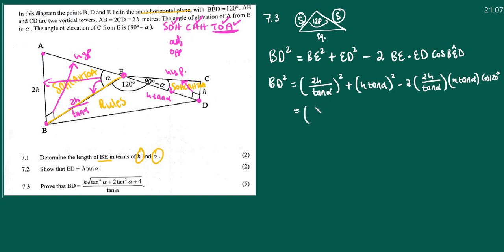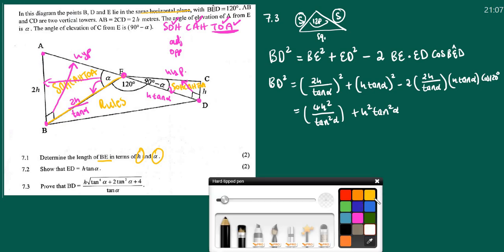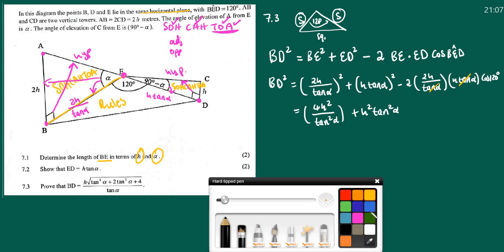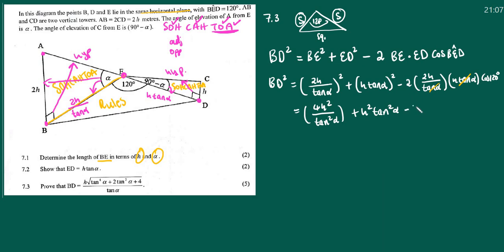Now when you simplify this, you should get 4h squared all over tan squared alpha plus h squared tan squared alpha. And then here I think tan and tan must eat each other, so that you are left with minus 4h squared, because this is h here. And then cos 120.